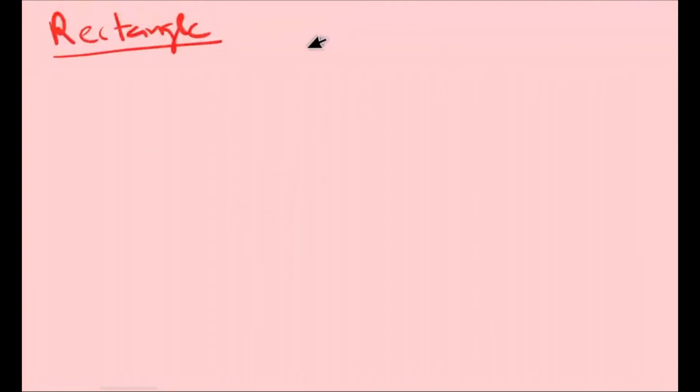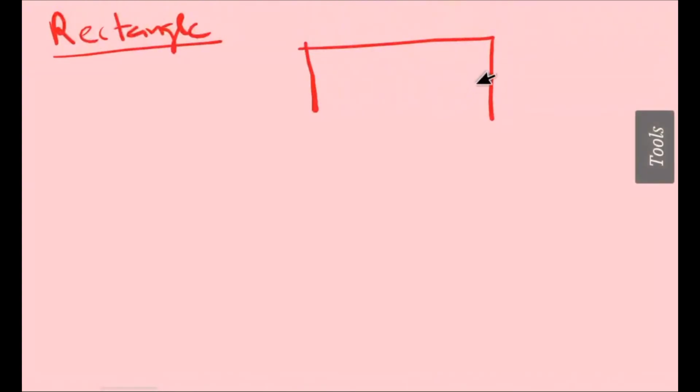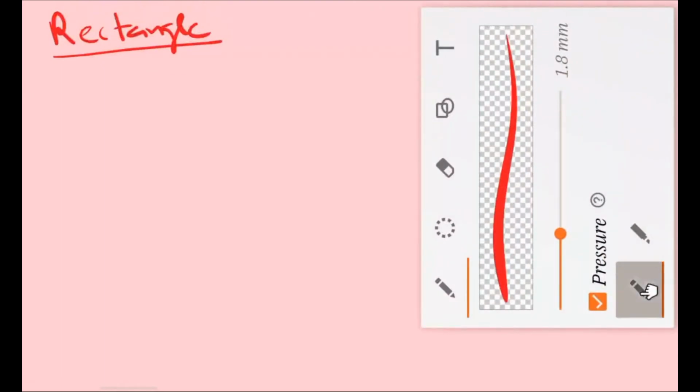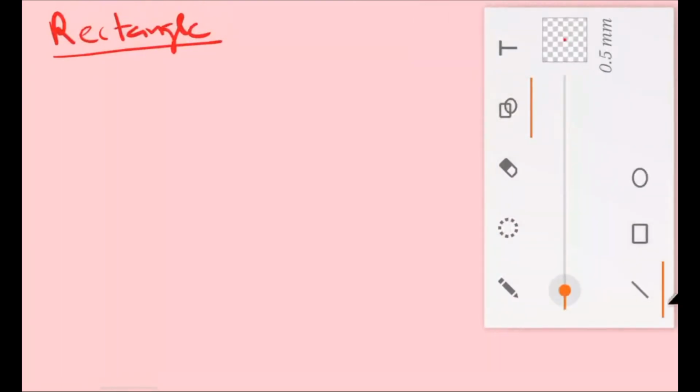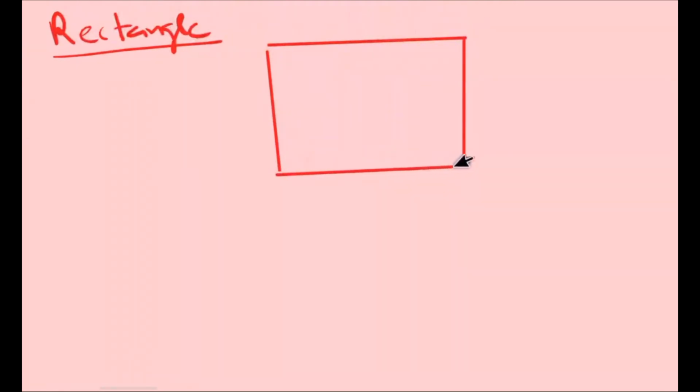now draw a rectangle here. Now in the rectangle, let's draw this diagonal first.